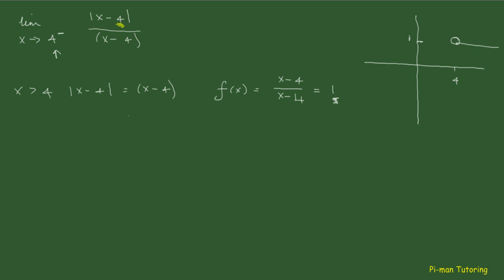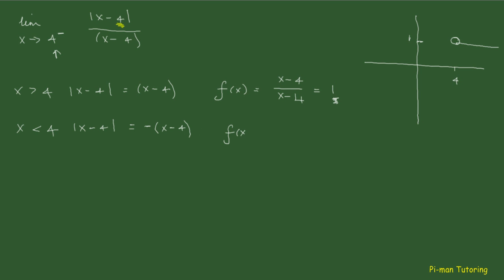Okay. If I'm below 4, so for example, if I was at 3, then the absolute value of 3 minus 4 would just be 1. So that is the same as the negative of (x minus 4).